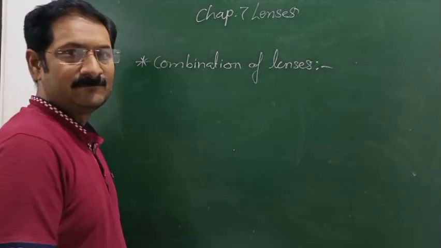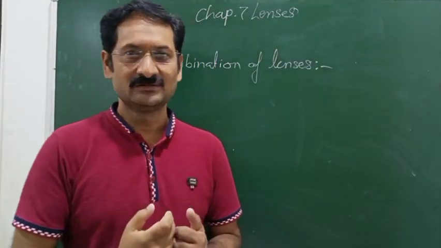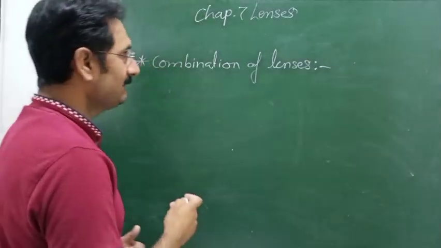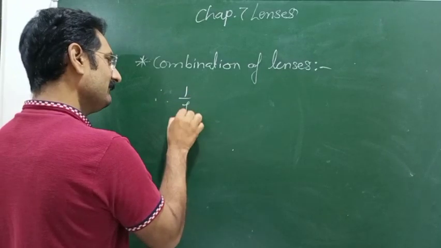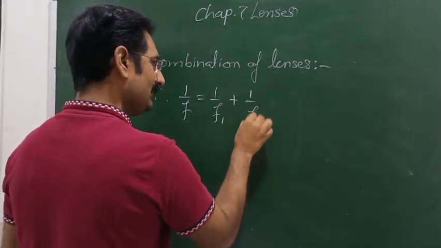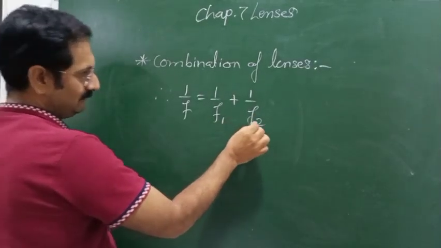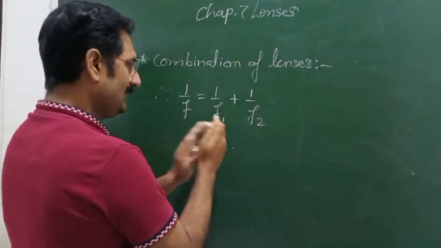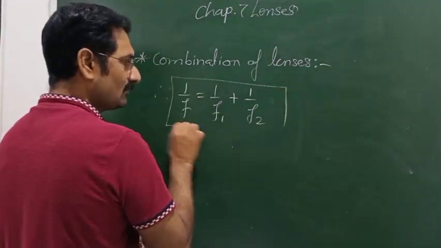So friends, if two lenses are kept in contact with each other in such a way that they are touching each other, then their effective focal length is given by the formula 1 upon f is equal to 1 upon f1 plus 1 upon f2. Here f1 is the focal length of one lens and f2 is the focal length of the other lens which are in contact with each other, and f is the resultant focal length of the combination.